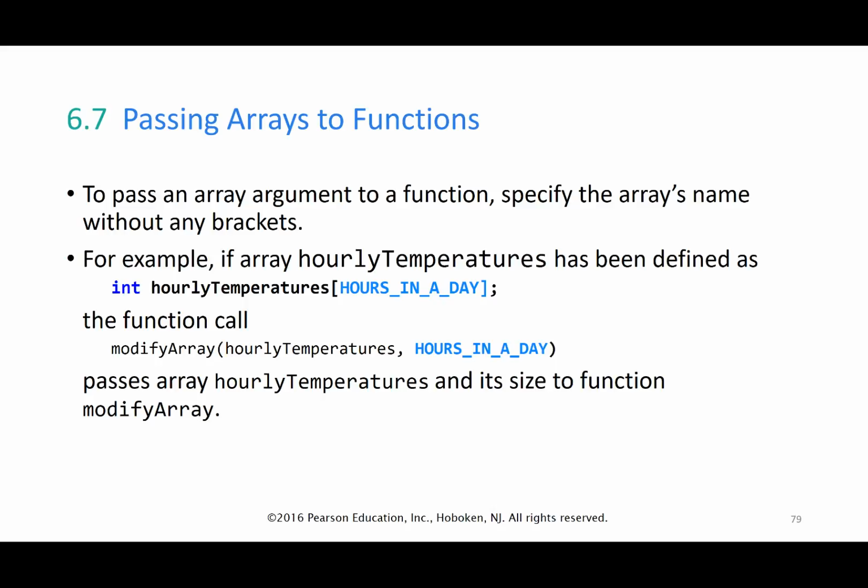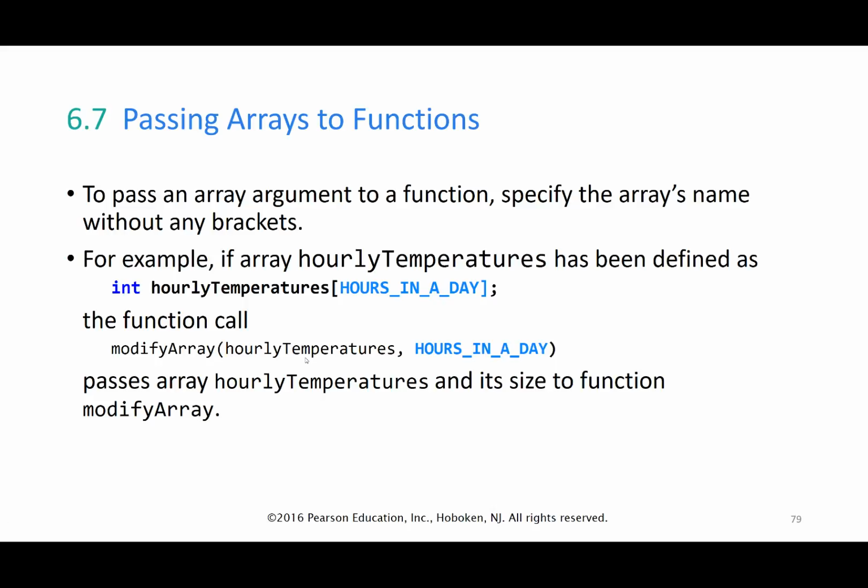So here, for example, we're taking hourly temperatures, modifying the array, and here we're passing the constant hours a day, which we assume to be 24. That's defined as a constant. And we declare an array called hourly temperatures, making it 24 elements wide. We're going to modify the array, and we're going to pass it hourly temperatures without the ampersand.